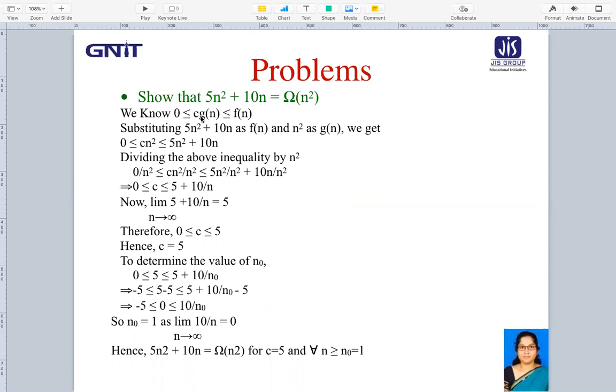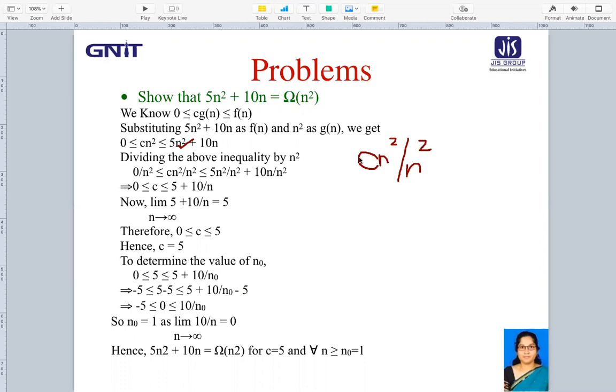0 less than or equal to Cgn less than or equal to Fn. We replace Fn by 5n square plus 10n and we replace Gn with n square. So it becomes Cn square. Again, I told you that we have to find out the value of C. So accordingly, we are going to divide by the appropriate term so that we get C. So if we divide Cn square by n square, then we can get C from there.